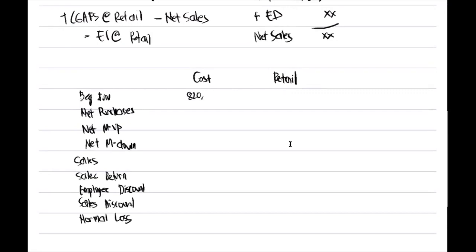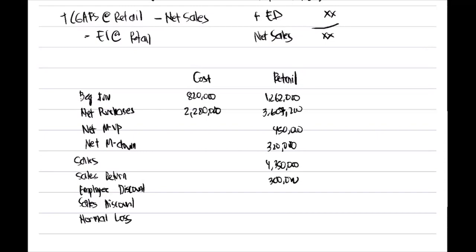Okay, so let's provide values. This is 820,000. This is 2,280,000. For retail, 1,262,000. And then we have 3,607,200, and 450,000, 320,000. And then 4,350,000, 300,000.